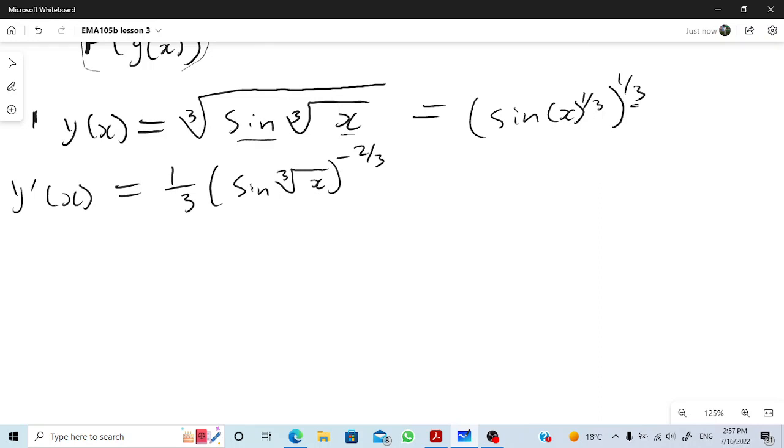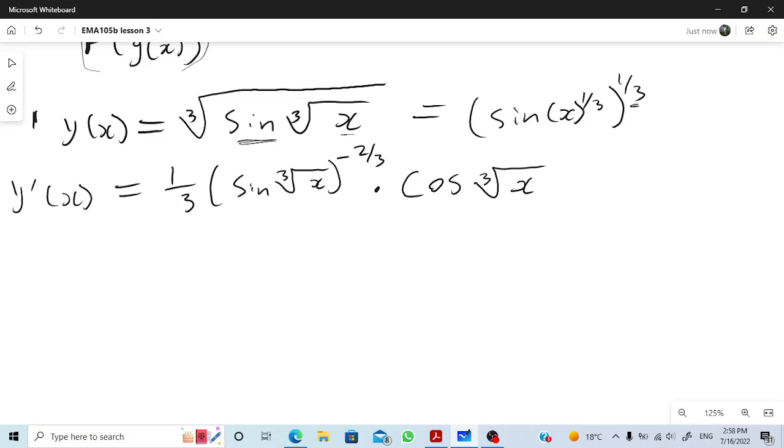We need to take care of this part. So multiply: the inner function is sine, and when you differentiate sine, you get cos. So we have cos of the cube of x. Okay, now we have dealt with this one.